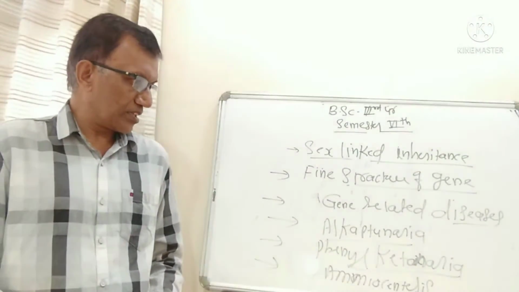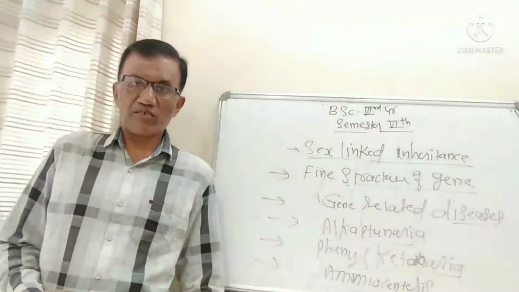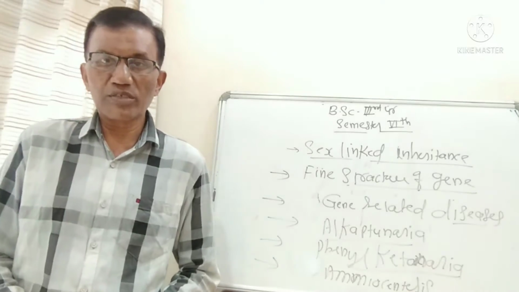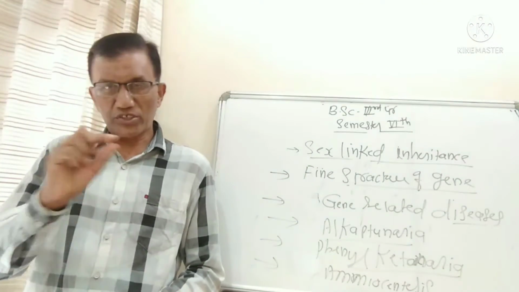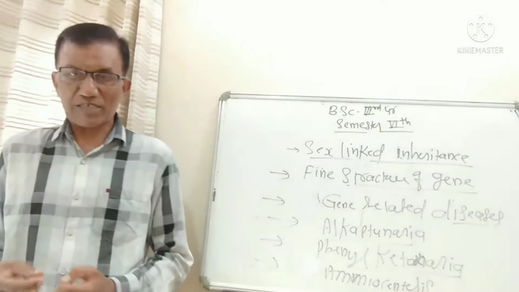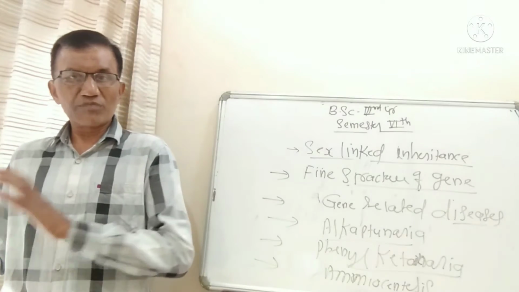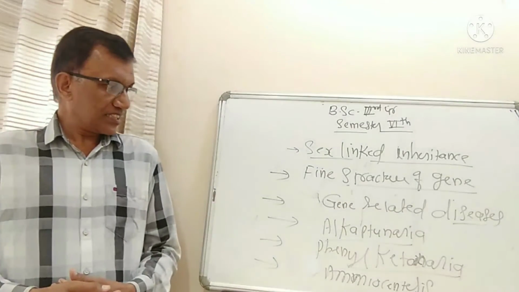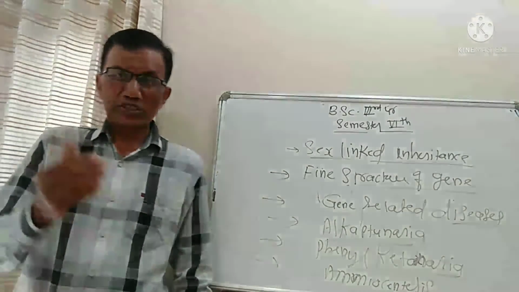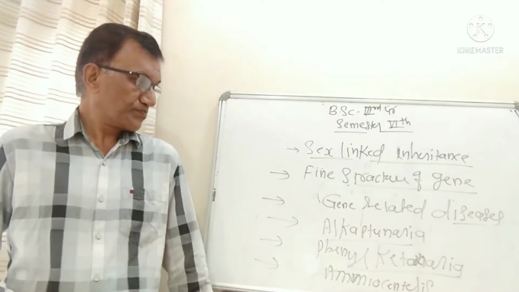alkaptonuria and phenylketonuria. In metabolism, for example during metabolic activities of proteins and carbohydrates, a particular enzyme is responsible for degradation of proteins into simpler forms. In these diseases, a particular gene is responsible for the synthesis of particular enzymes.